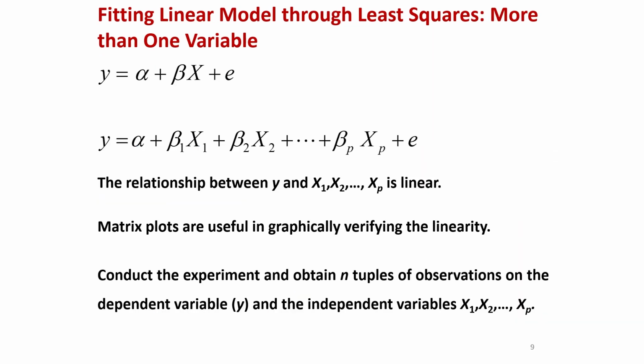You see, in this case I have considered the situation where only one independent variable is affecting the outcome y. But in practice, in real life, there can be more than one input variable affecting the outcome, right?